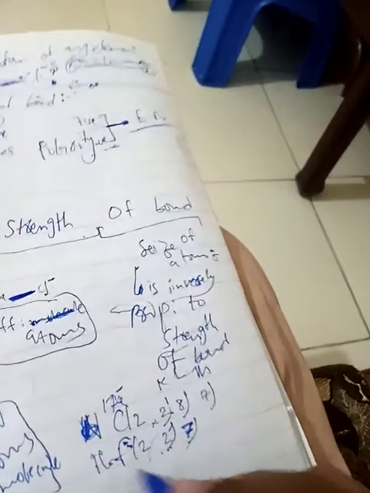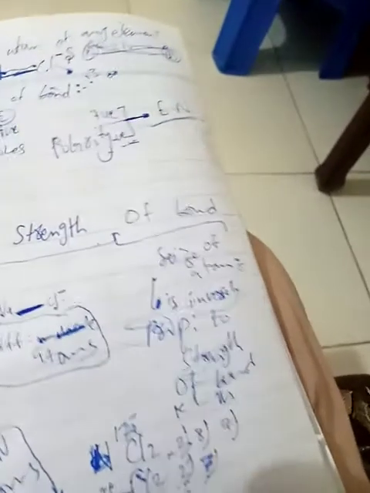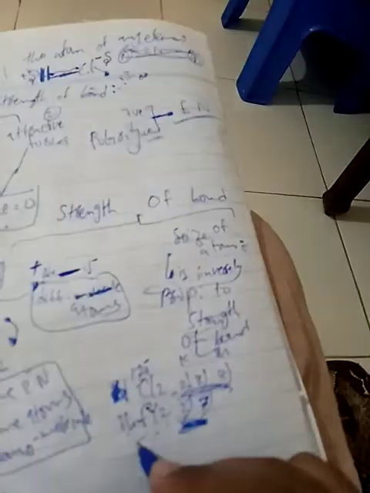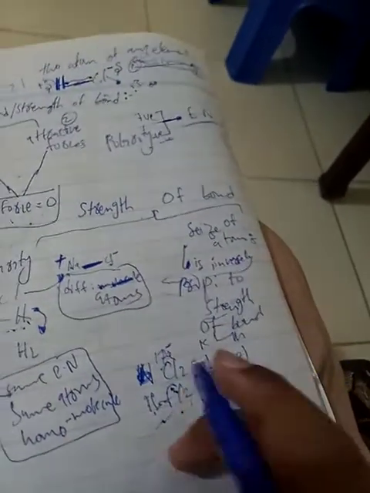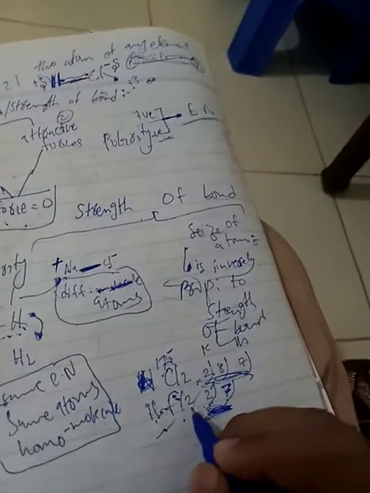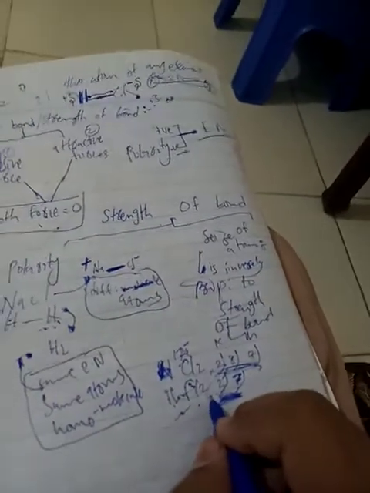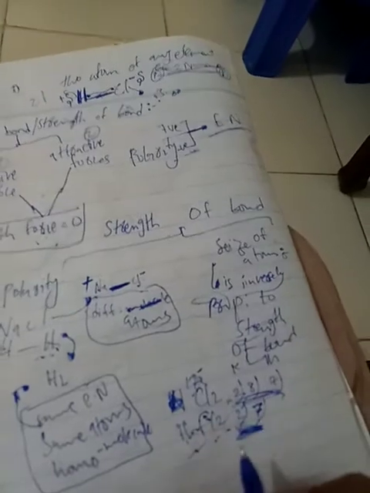Because these 9 electrons are attracting only 2 shells, whereas chlorine has 17, but there are 3 shells. Because of that, fluorine has a higher strength of bond than chlorine, because it has a smaller size. So that is why size is inversely proportional to strength of bond.